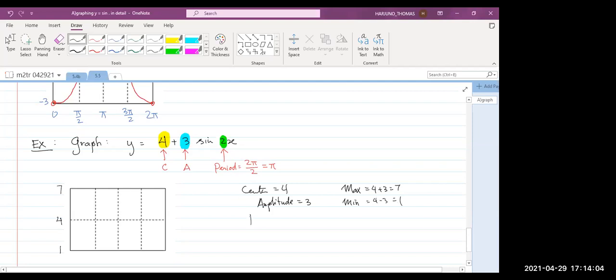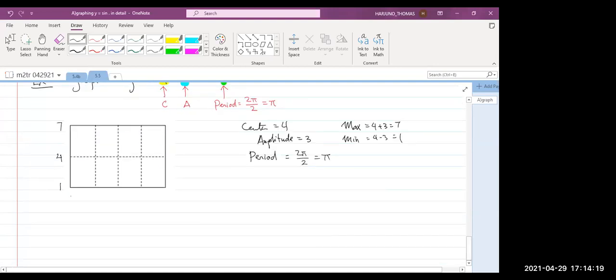The period, originally 2 pi, is divided by the coefficient of the x in the angle. Which means, even though you still start at 0, you will finish one period not at 2 pi, but at pi.